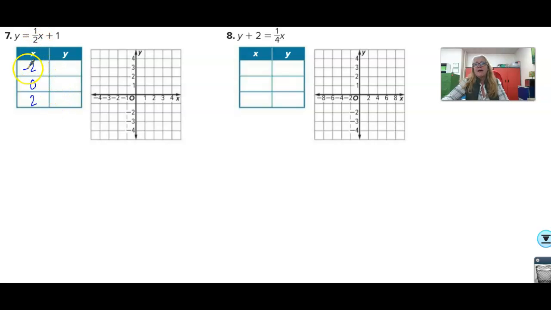So what is half of -2? -1, and -1 plus 1 is 0. 1/2 of 0 is 0, and 0 plus 1 is 1. And 1/2 of 2 is 1, and 1 plus 1 is 2. So to graph these, we would go -2, 0, 0, 1, and 2, 2, like ballerina wears, 2, 2.